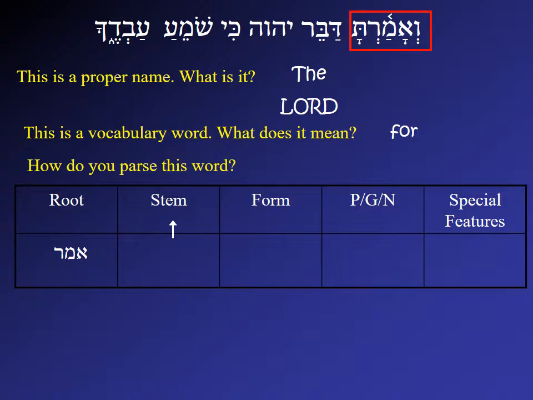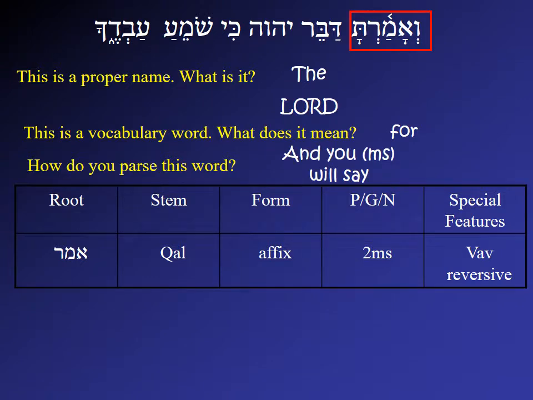You see the qamets in the first syllable, followed by the patach in the second. So this is simply a Qal afformative. Our afformative is ta, second masculine singular, and the special feature is the vav reversive. So to translate: and you will say, masculine singular. Ve'amarta, and you will say.